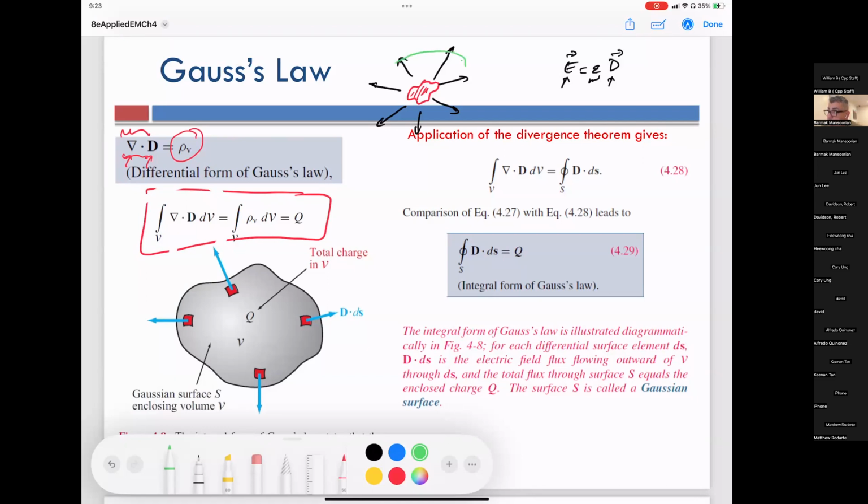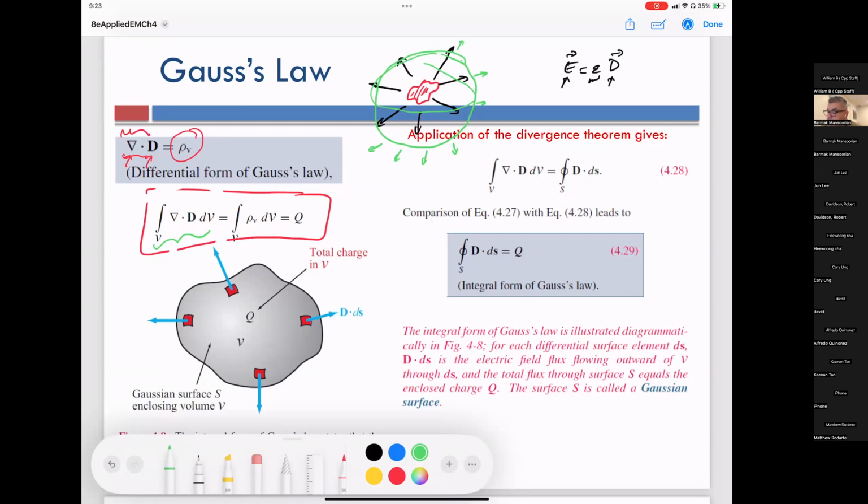For example, I can take an imaginary perfect sphere around this and measure the flux lines along that sphere. So integrate the electric flux lines around that sphere and get the total charge inside this misshapen volume.